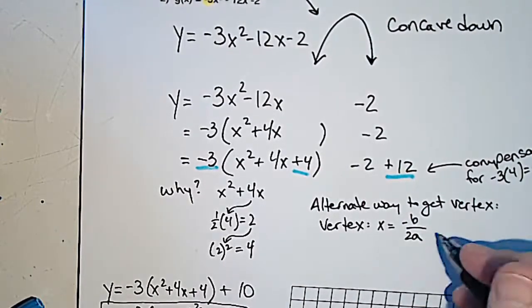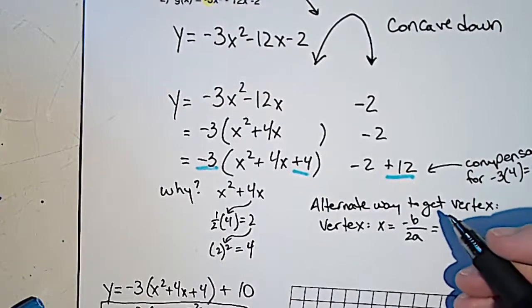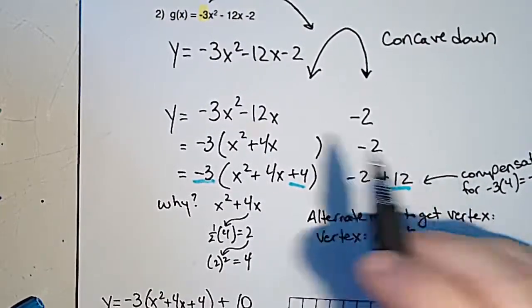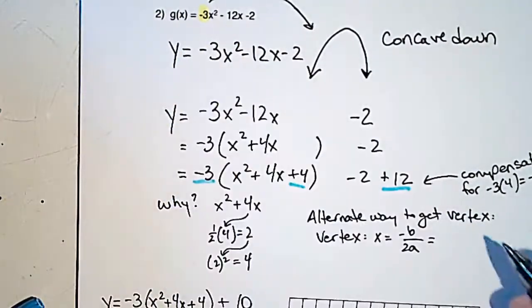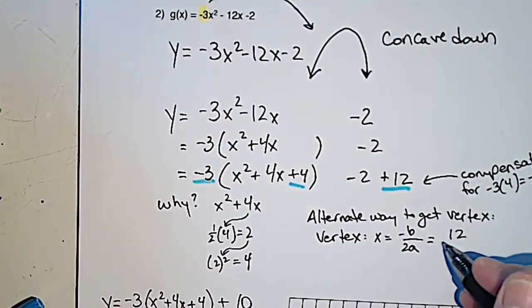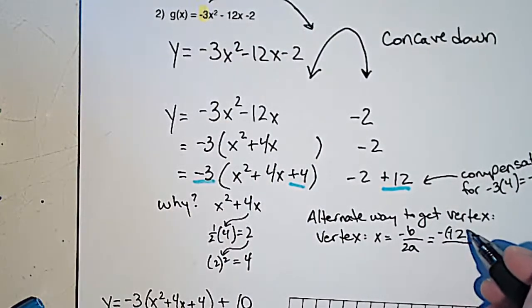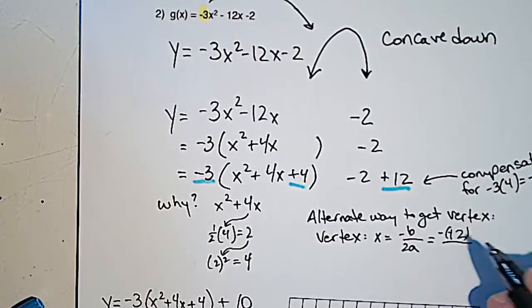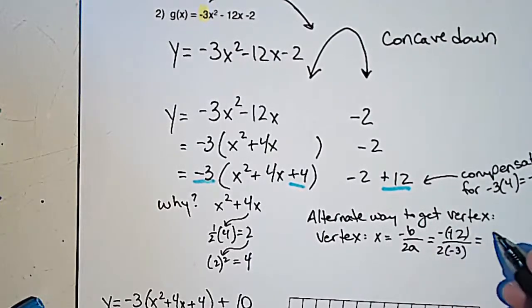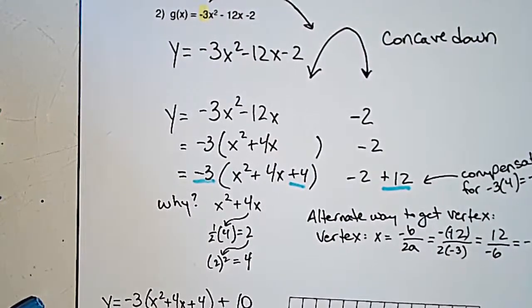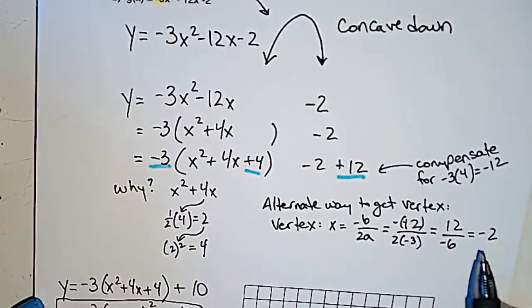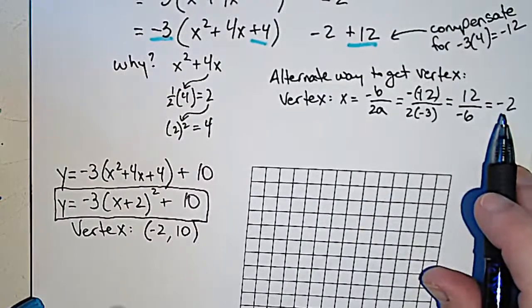So in our case, when I come up here, I've got negative 12 is b, so opposite of b is positive 12, or the opposite of negative 12. And 2 times a is 2 times negative 3, so I get a positive 12 over a negative 6, so that's negative 2. Sorry, you guys can't see that last piece. There we go. 12 over negative 6 is negative 2, which matches this.